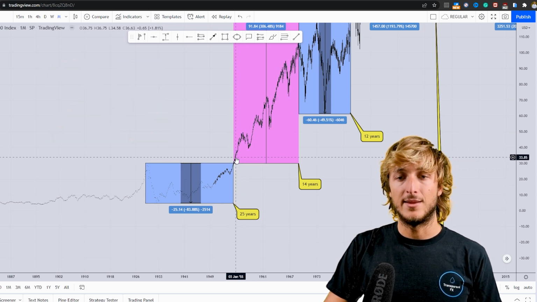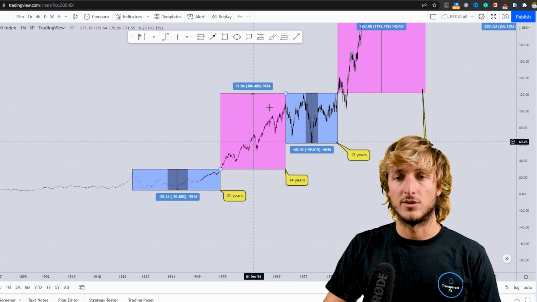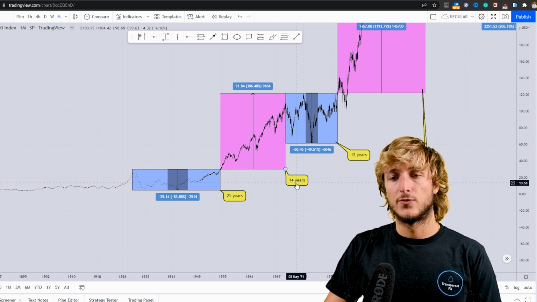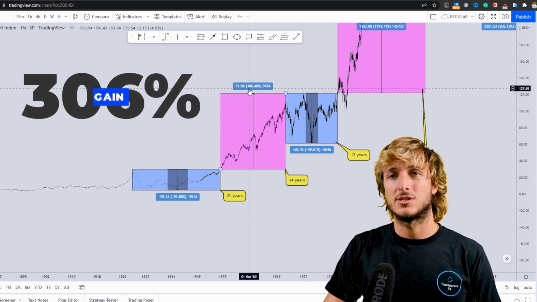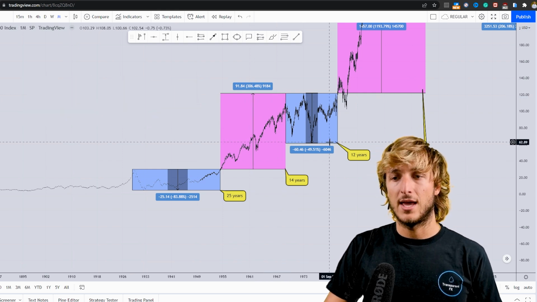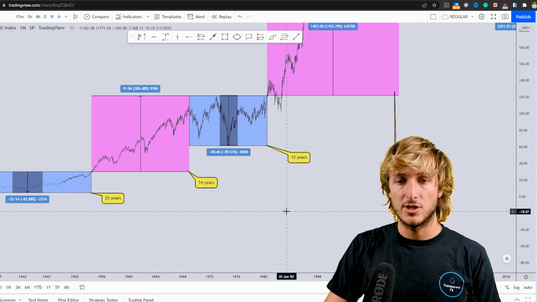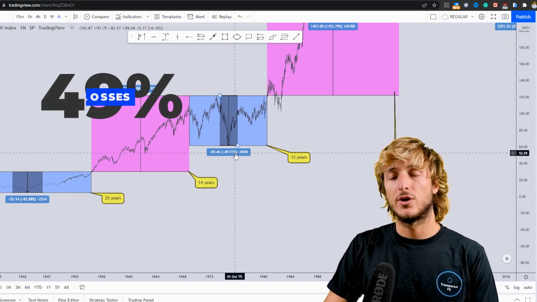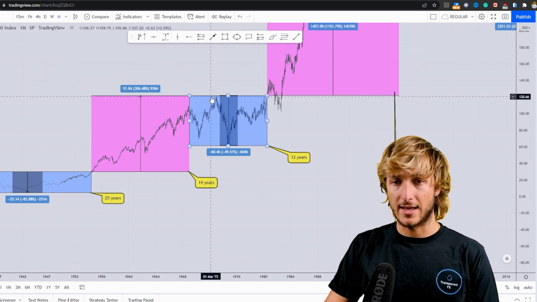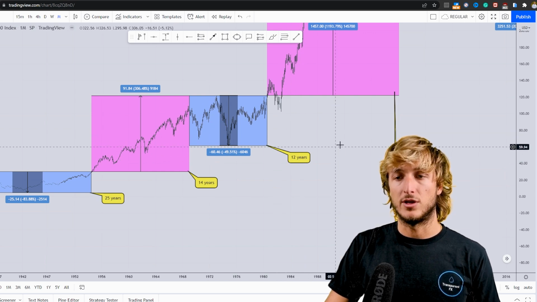Following from that, we had the breakout away from this range, and we had the first historical bull run, obviously starting from here, which lasted 14 years, in which we had a 306% gain in the overall stock market. Following that, we had a 12-year period of basically ranging and correction, in which we lost 49%, so 50% of the peak that we had during the bull run. And this one here, as we said, lasted 12 years.